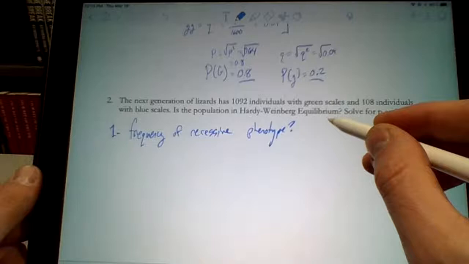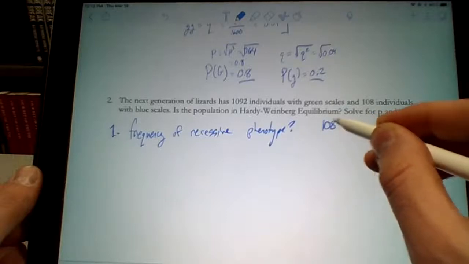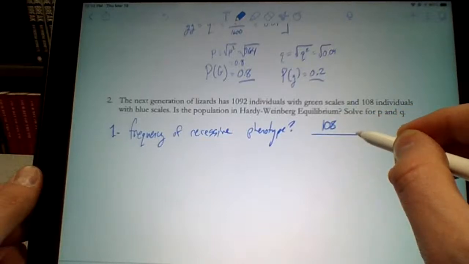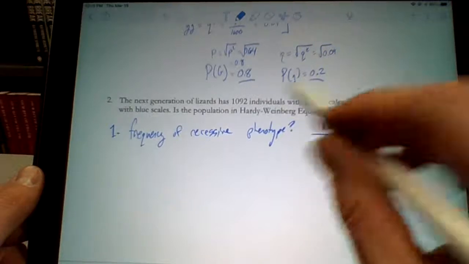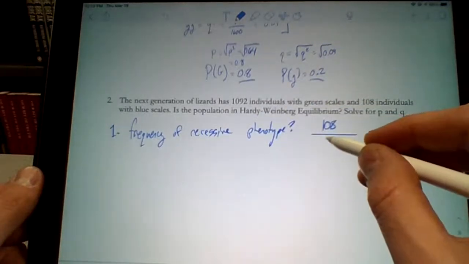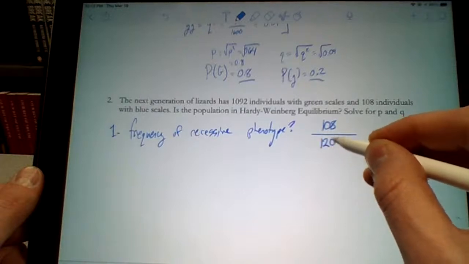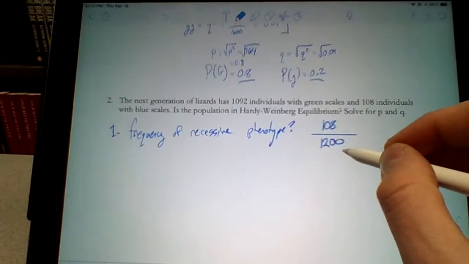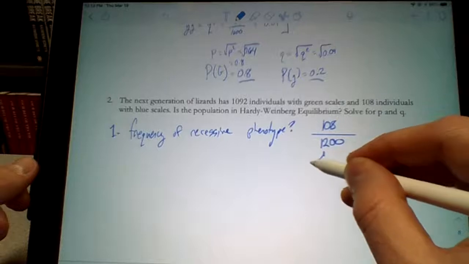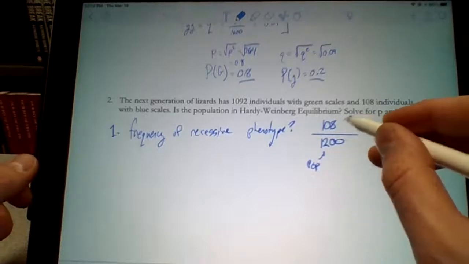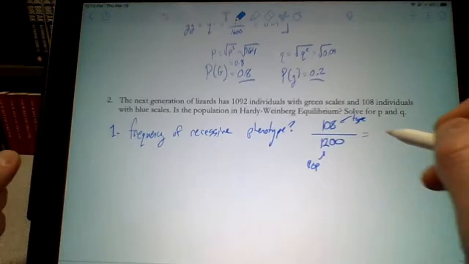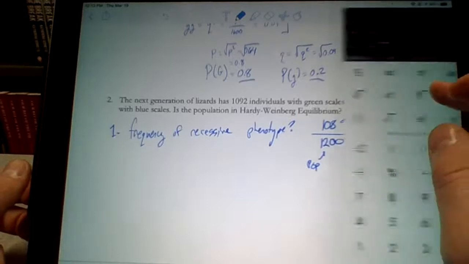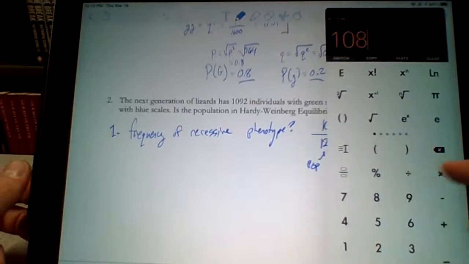And to do that, we need to take our value, 108, divided by the total number of organisms. So in this case, that would be 108 plus 1092. So we'd be looking at 1,200 individuals. This is our population. Divide those away, and we get 108 divided by 1,200.